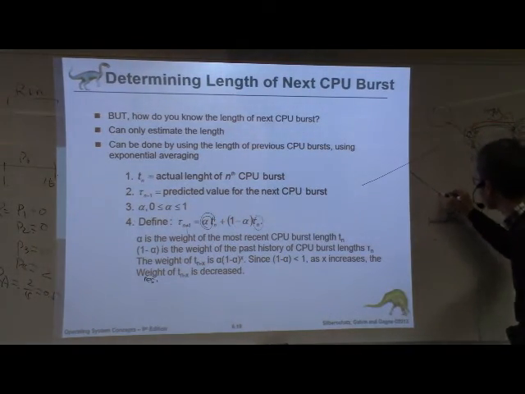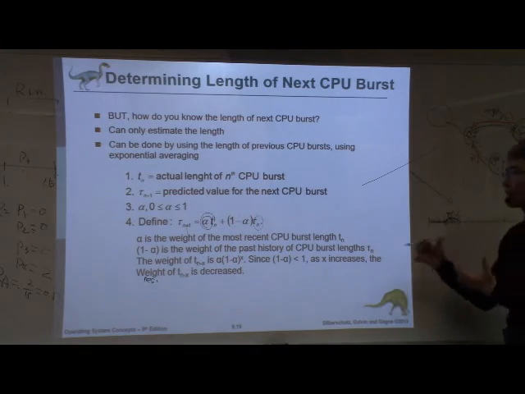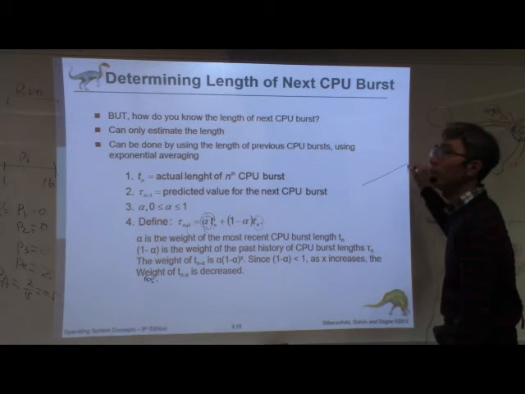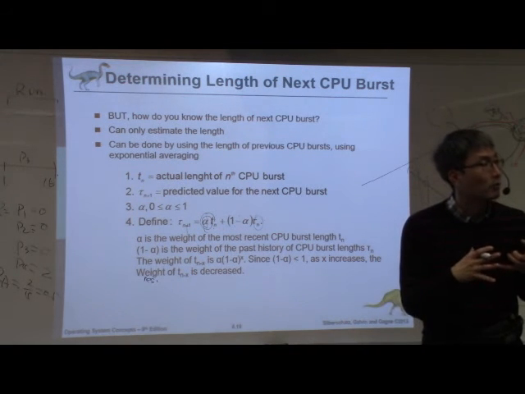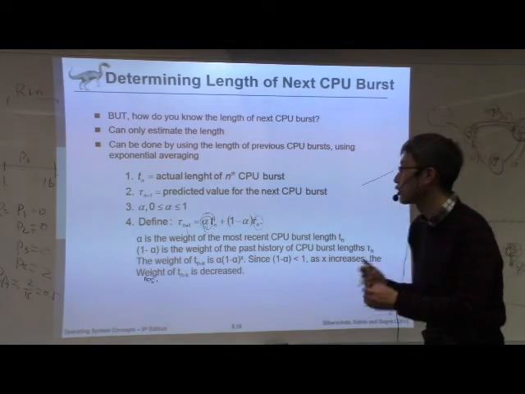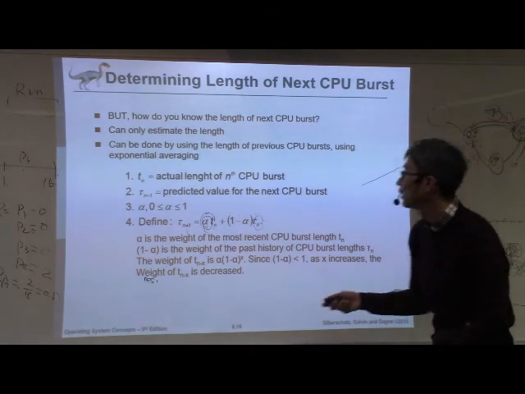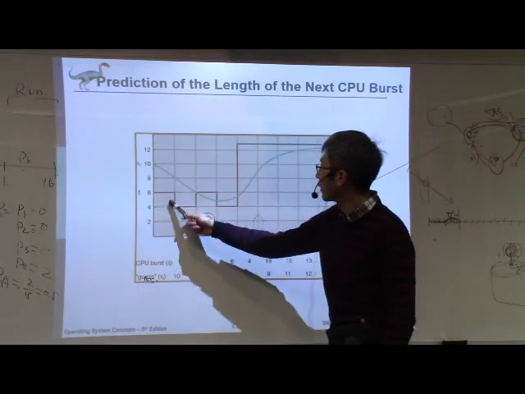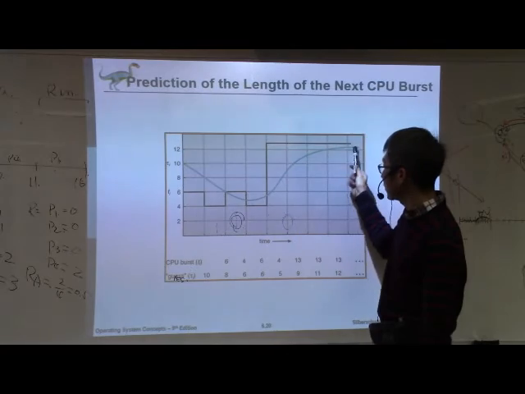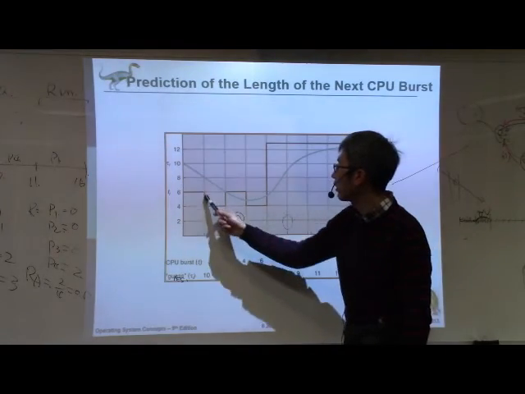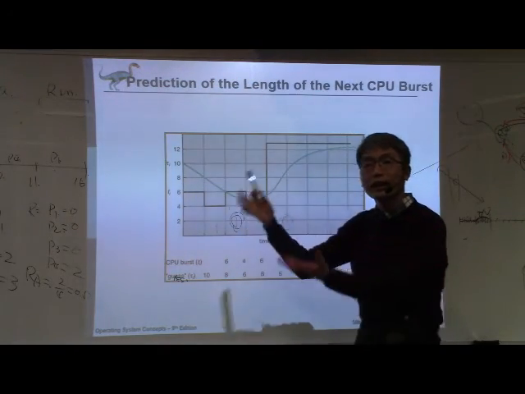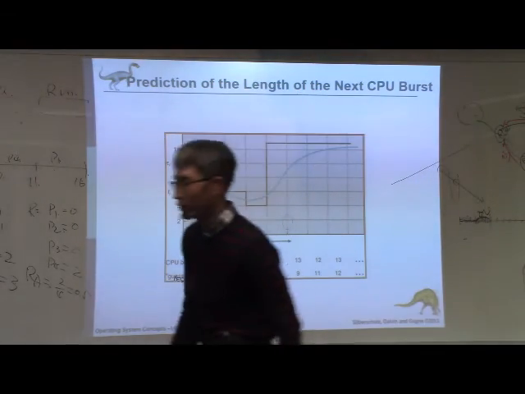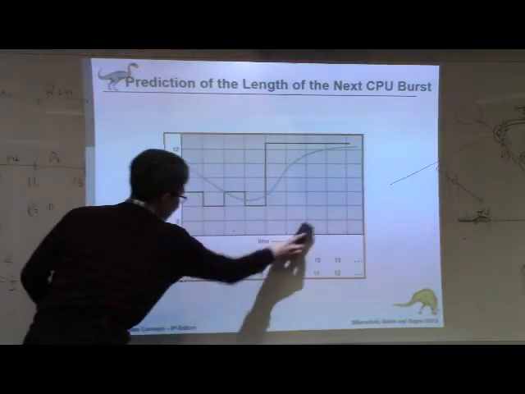Otherwise, if the CPU burst time gets less and less, this one will be less. Based on the previous time slot information, based on the experience, you can adjust this one. So using this idea, if this is the real CPU burst time, we can adjust this way, getting close. So this will be addressed by estimation. Okay.